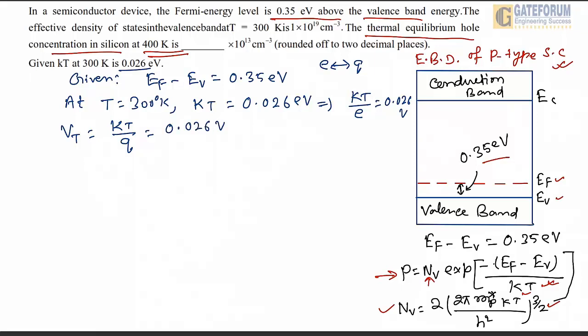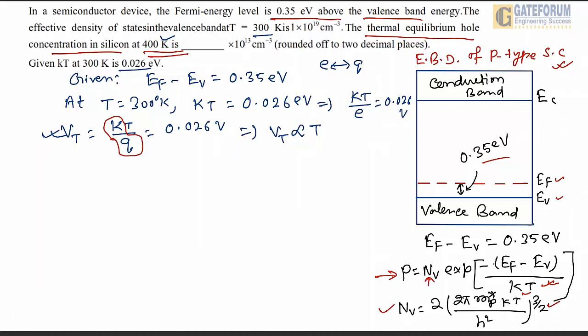So now this KT value or this VT value will change if the temperature changes from 300 to 400 degree Kelvin. This is giving the indication that this thermal equivalent voltage VT is directly proportional to temperature, because this K is called Boltzmann's constant and Q is called electronic charge.